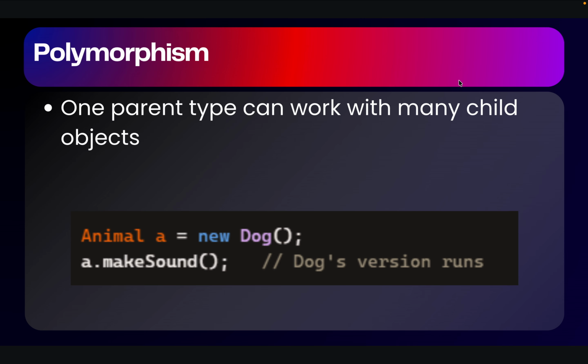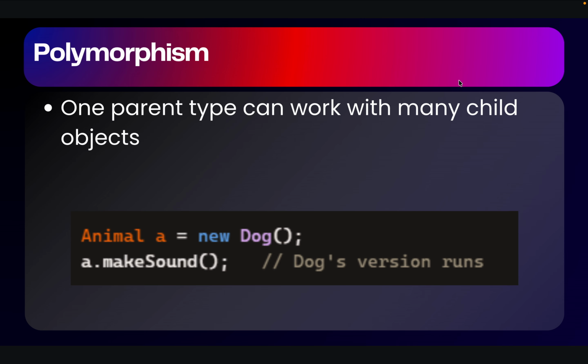So when it creates the object, everything from dog and animal are going to be attached to this animal object of A. So when we say A dot make sound, it would use the dog's version to make a sound. Now, in the case that the dog object does not have a make sound method, but animal does, then it would use the animal make sound method. And that's basically how polymorphism works.